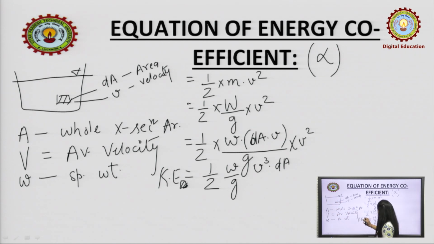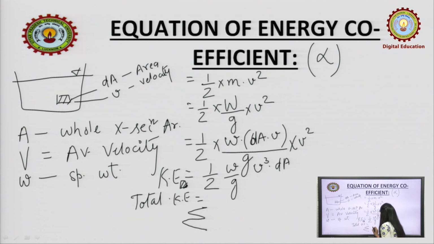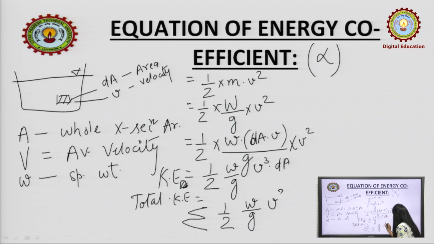Summation of all these kinetic energies will give you the total energy. So, the total kinetic energy will be the summation of 1 by 2 specific weight by g, v cube into dA.